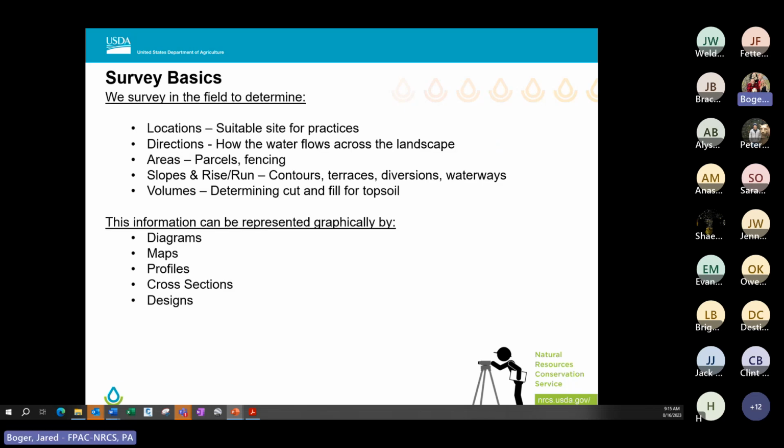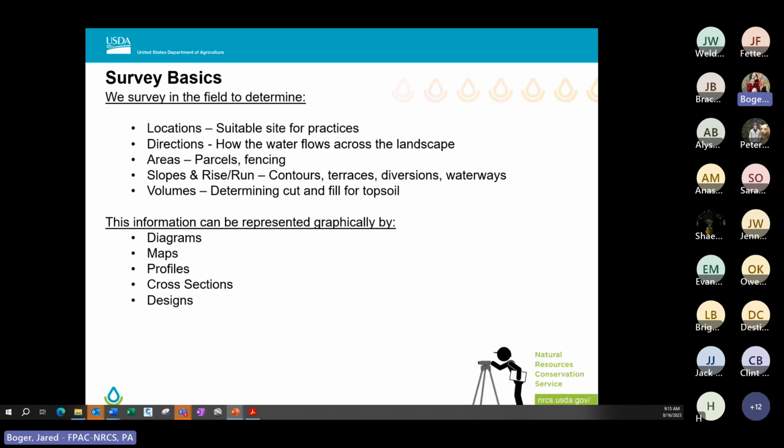We survey in the field to determine locations, directions, areas, slope, rise or run, and volumes. Volumes determine cuts and fills. Locations, we use to establish a suitable site for any kind of practices that we do, such as waterways, manure storages, roofed heavy use areas, or even some pasture.